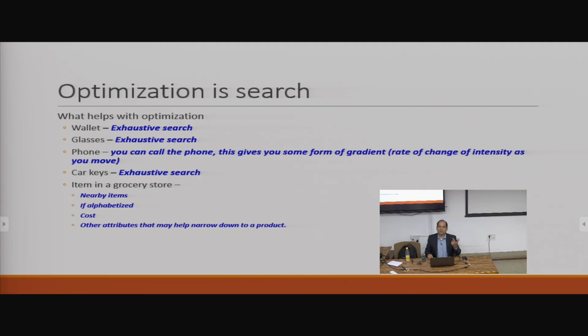Sometimes there are things that we can use like gradients, and then we can also have heuristics, that things that are nearby may be a good predictor of what the product I'm looking for looks like. Or the other thing could be that if similar solutions exist nearby, then it may be there, right?